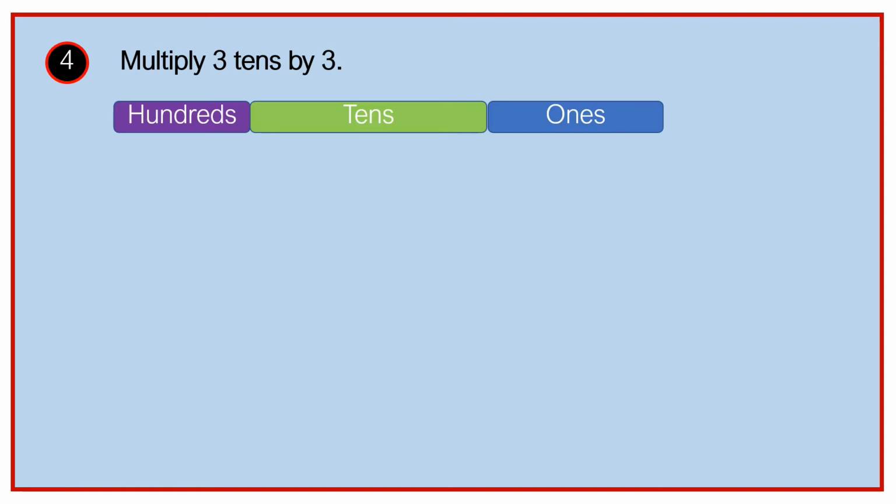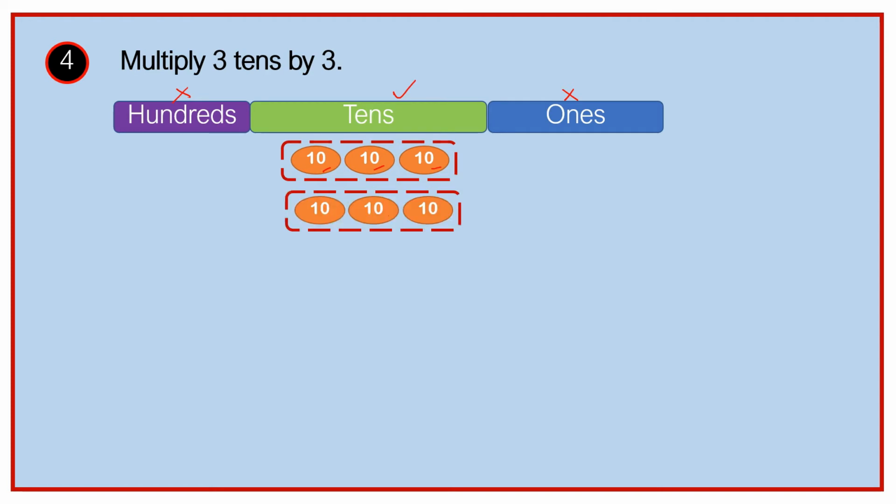So we have tens, but we do not have ones, and we do not have hundreds. So we have 3 tens. So you can see 1 ten, 2 tens, 3 tens. We multiply it by 3. So that is 1, 2, and 3.